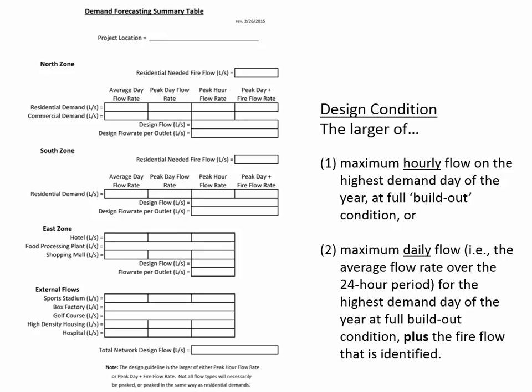Sometimes you'll have to not just go with the worst case scenario, but you'll say, well, in the case of the golf course, you're giving them a budget. They could try and water all of the grass in 30 minutes, but the pipe that will go to the golf course isn't big enough to allow them to do that.